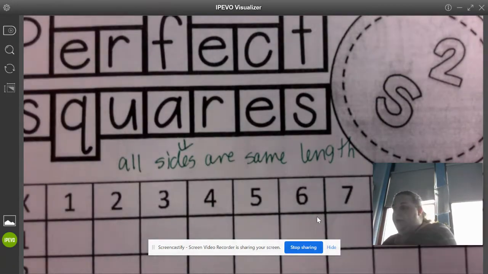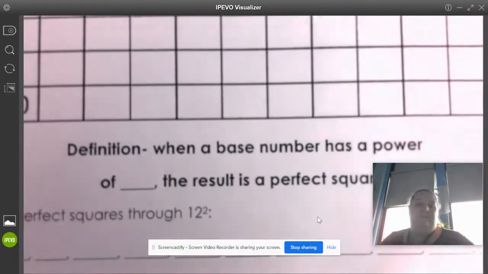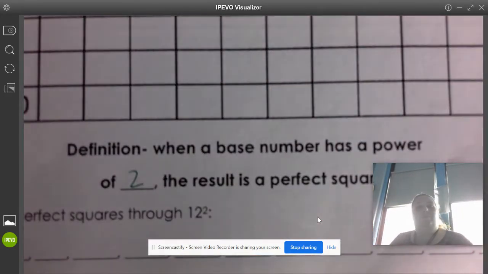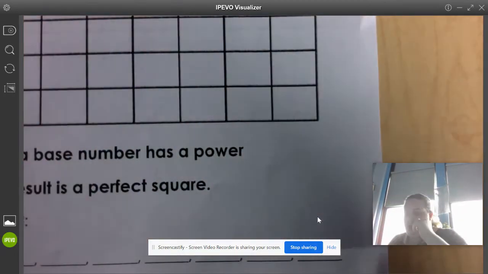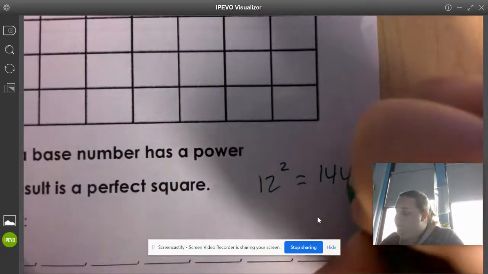When we have a perfect square, the definition is when a base number has a power of 2, the result is a perfect square. They give us 12 squared, so 12 squared equals 144.